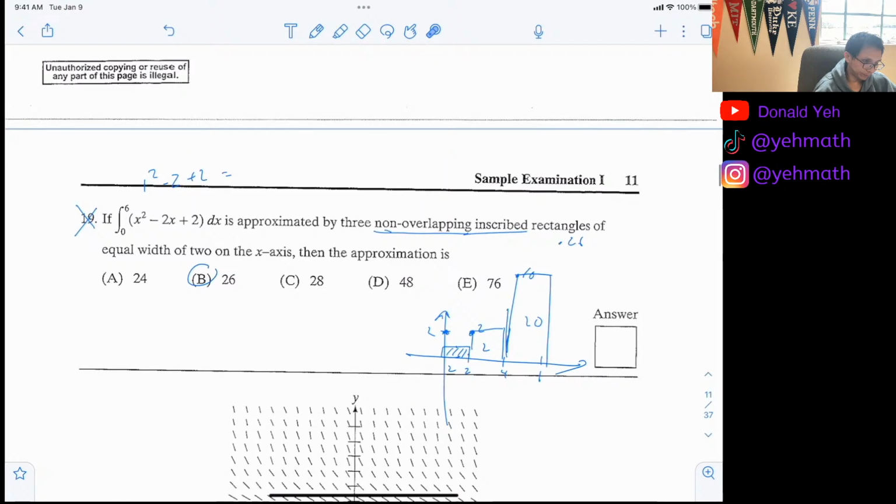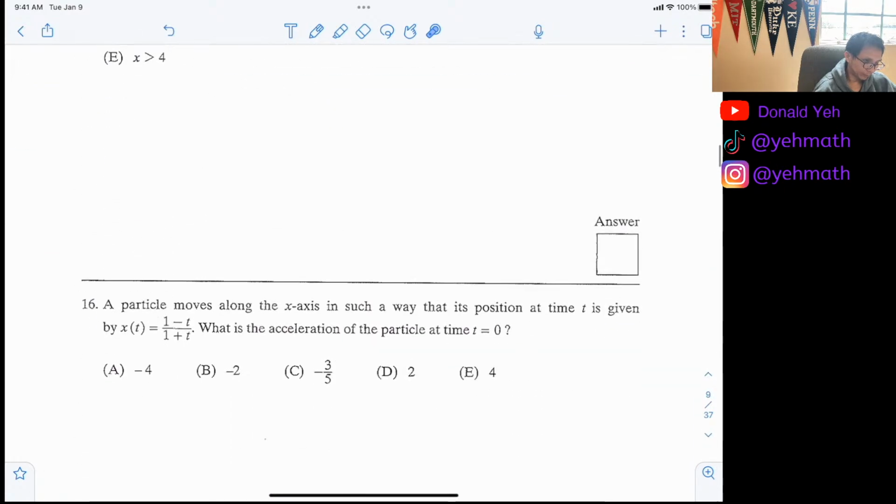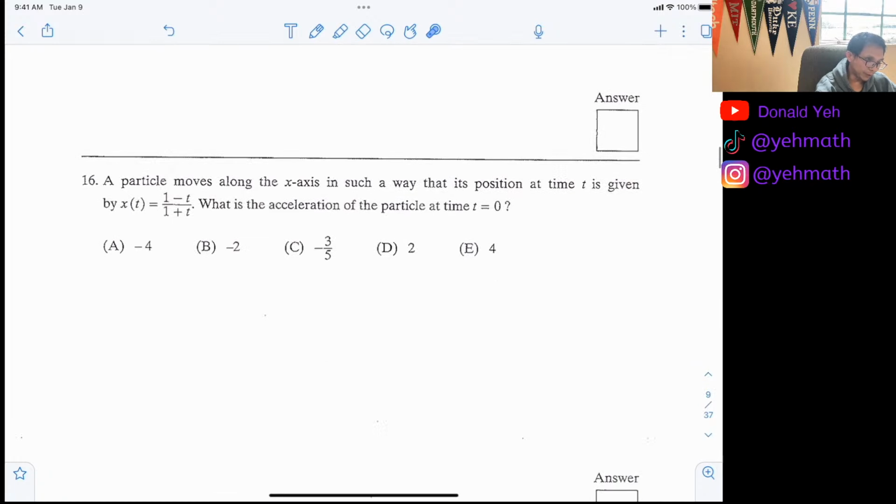Question 16, sure. What's the acceleration? So what do you have to do? You have to take a derivative. I'm going to use x because it's easier.